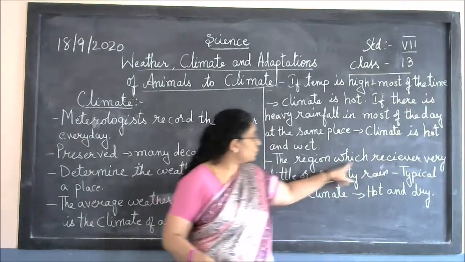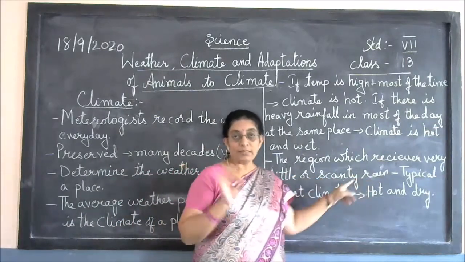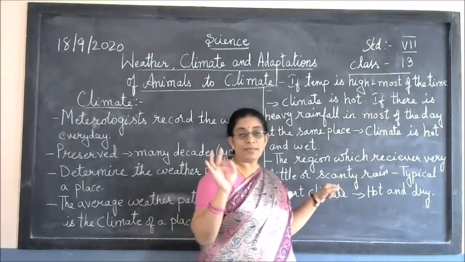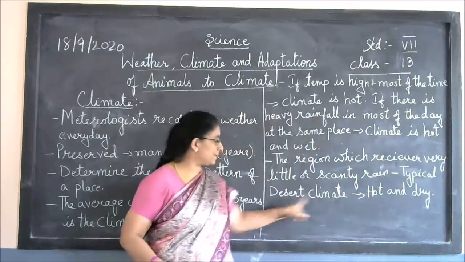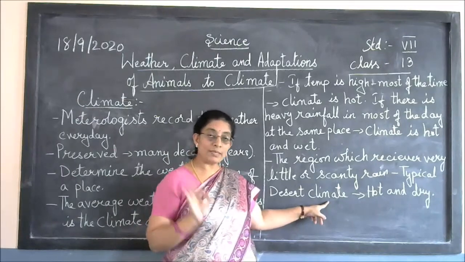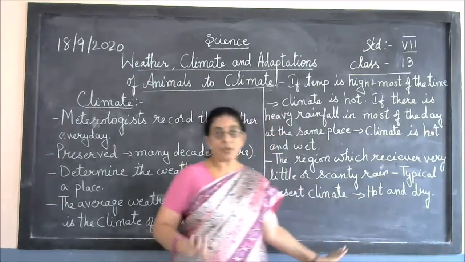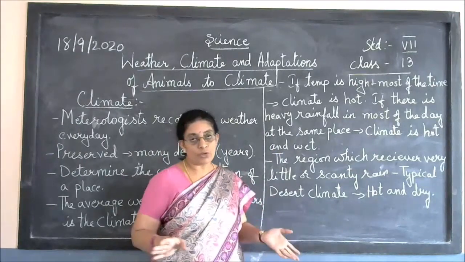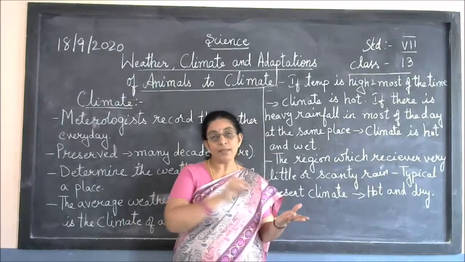The region which receives very little or scanty rain is where the deserts are formed. So it forms the typical desert climate. How is the climate in the desert? It is hot and dry because they do not get rainfall at all. So this is the difference between the weather and the climate.